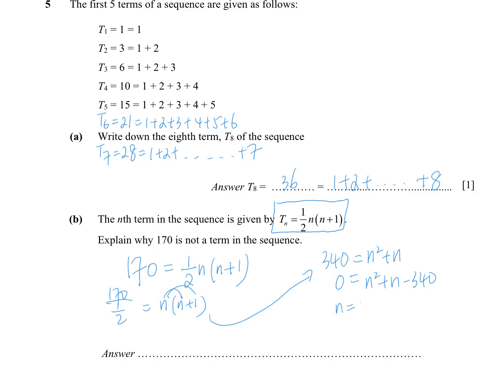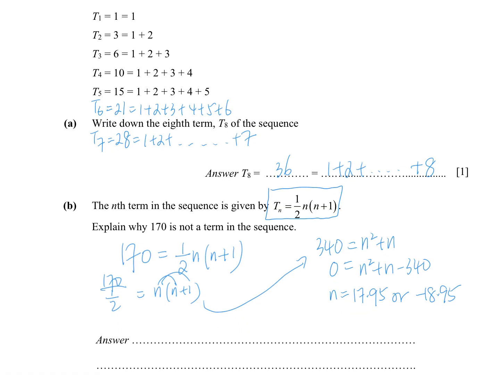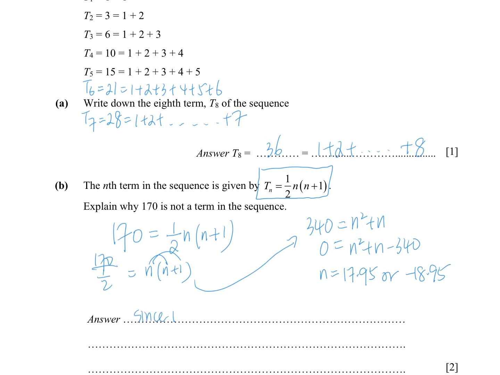You will have n equals 17.95 or minus 18.95. So you will write, since n is not an integer, therefore 170 is not a term in the sequence.